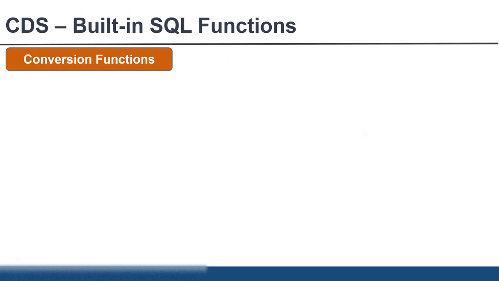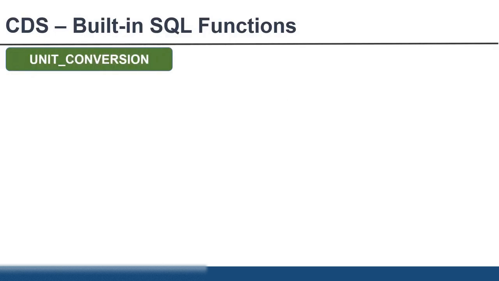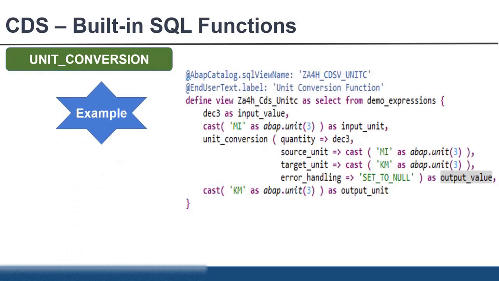Conversion functions. We have unit conversion, currency conversion, cast, hex to bin, bin to hex, and decimal shift. Unit conversion, example unit conversion. We can read the documentation from the HANA Studio or Eclipse environment also. It takes 4 parameters: quantity, source unit, target unit, and error handling.